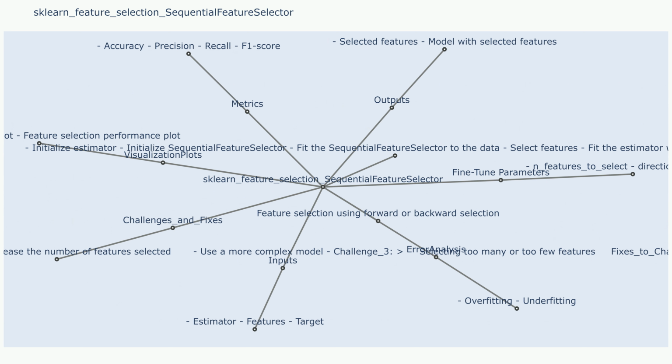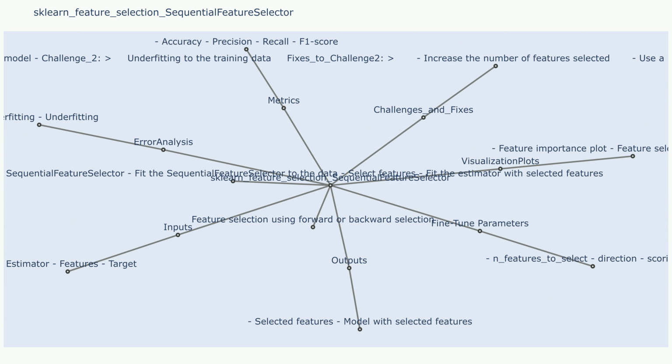Feature selection: based on the performance evaluation, the algorithm selects the feature that leads to the best improvement (forward selection) or removal (backward selection). Iteration: the process repeats until the desired number of features is selected.